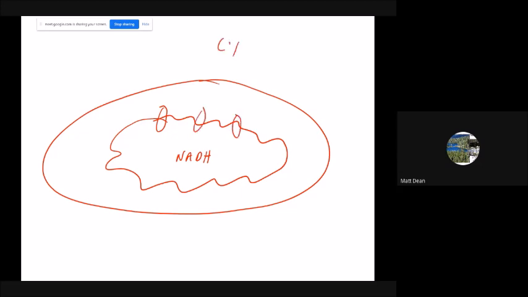Those are called cytochromes. They make up the ETC, the electron transport chain. What happens mostly during the electron transport chain is that this first cytochrome grabs onto an NADH and it oxidizes it. It takes away electrons, takes away energy.